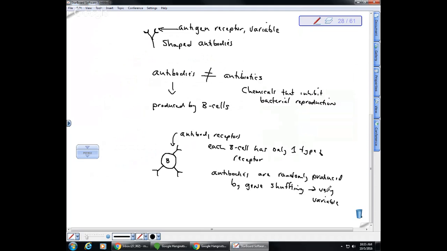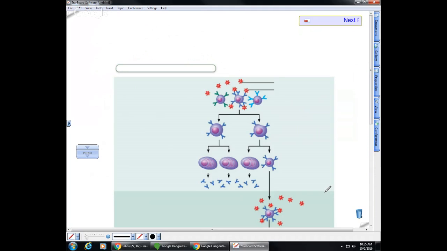Okay. So if we look at the diagram, if we turn over the one that I gave you, it looks like this, okay? So this type of immunity is called humoral immunity. It's humoral immunity, and this is adaptive. It's also called antibody-mediated immunity.